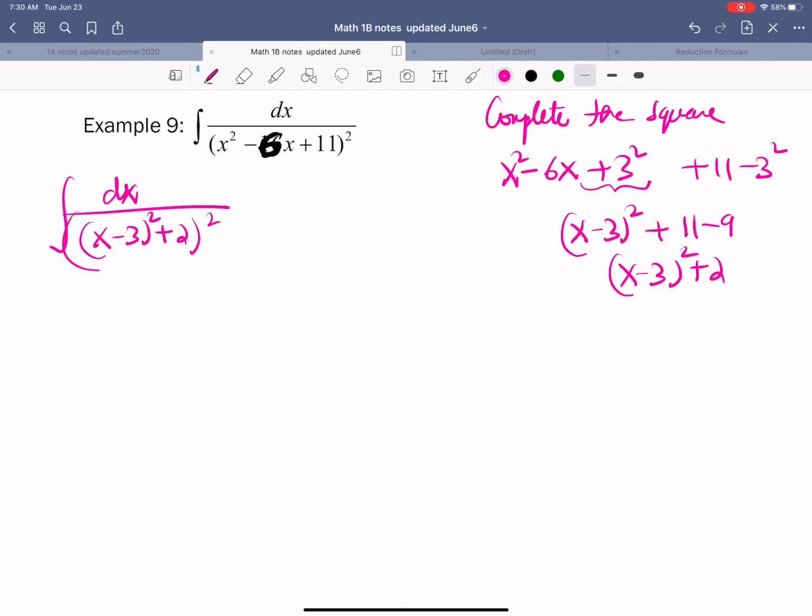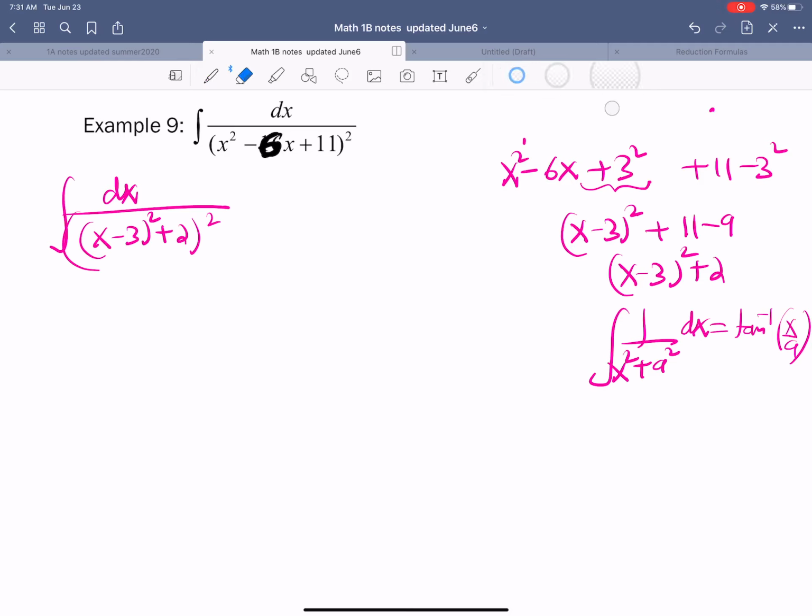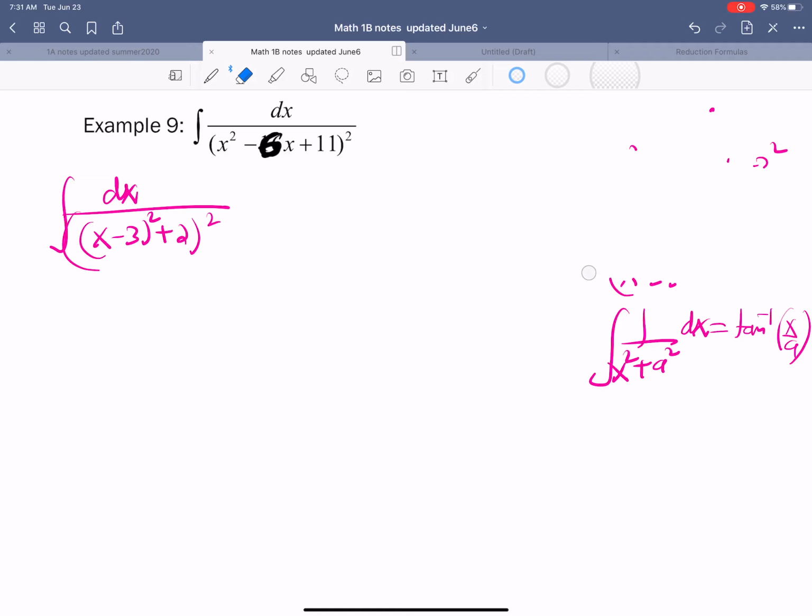Because if you have 1 over x squared plus a squared dx, that is tangent inverse of x over a, right? So I see a tangent inverse here because of the plus in the middle, but a few other substitutions. Let's go back. I'm going to erase the work for completing the square to have more space for myself.